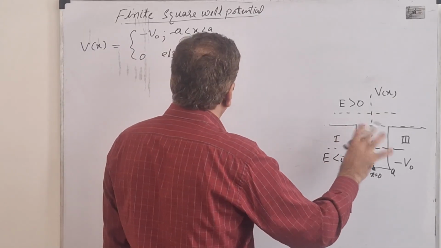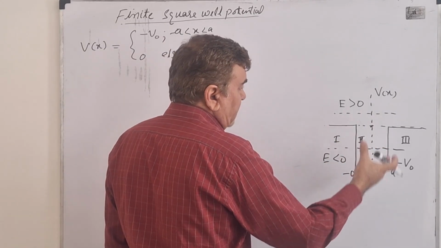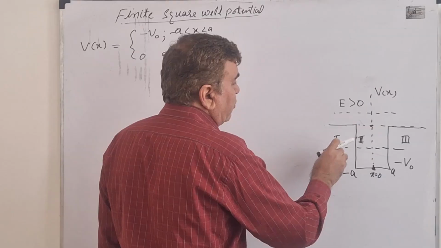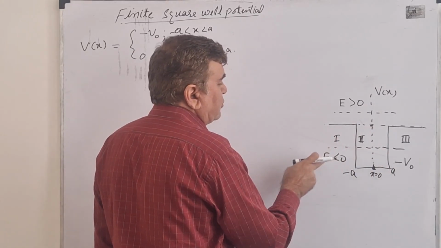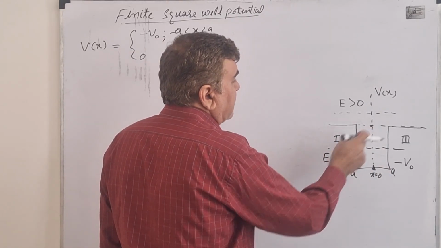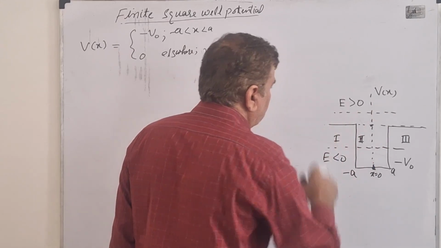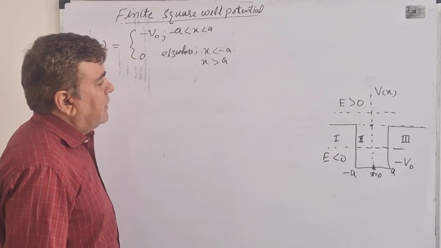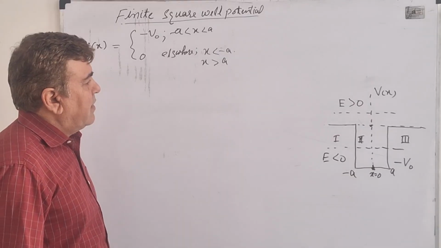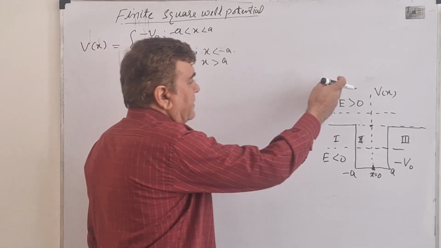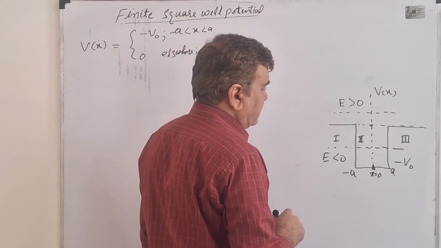So the square well potential gives us two different perspectives: we can use it to describe bound states, and we can use it to understand scattering states of the particle for E either greater than 0 or less than 0.